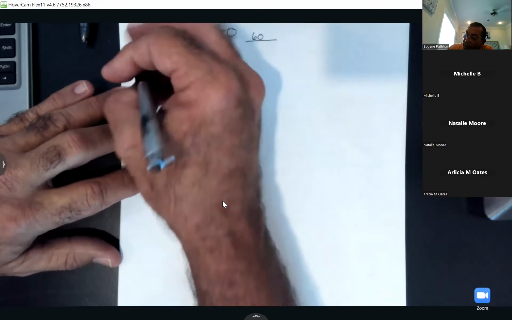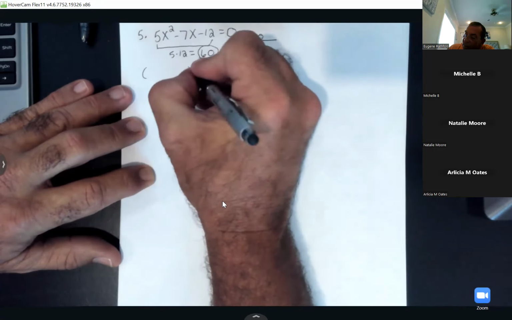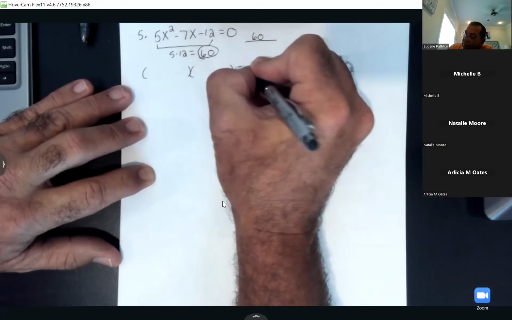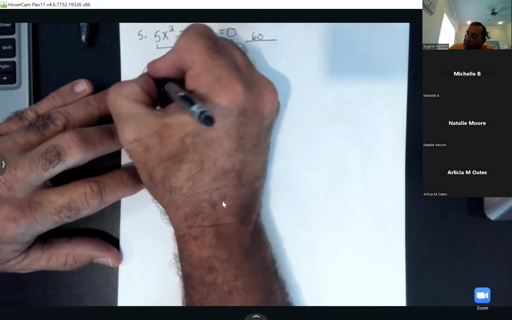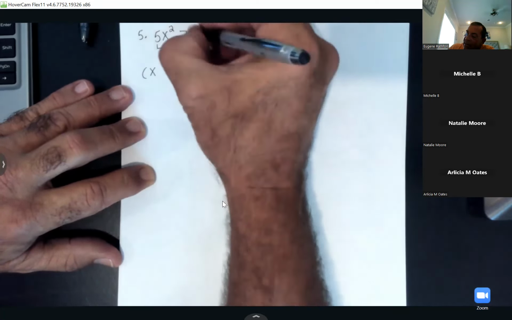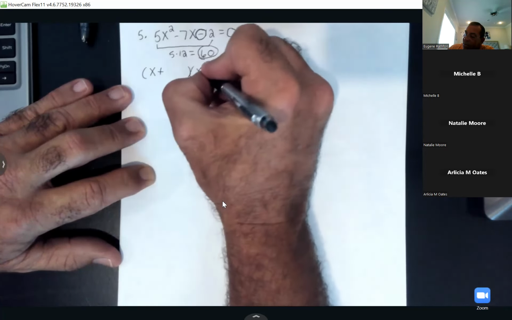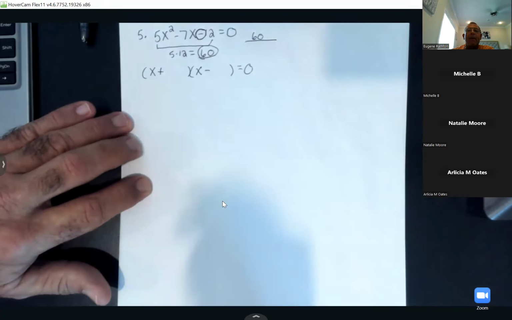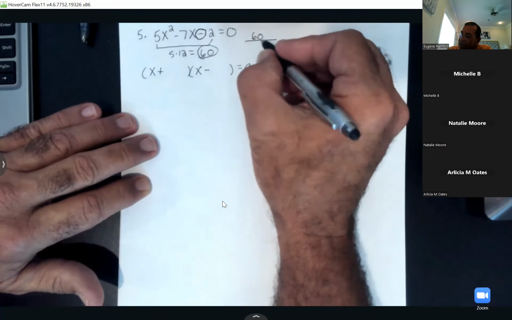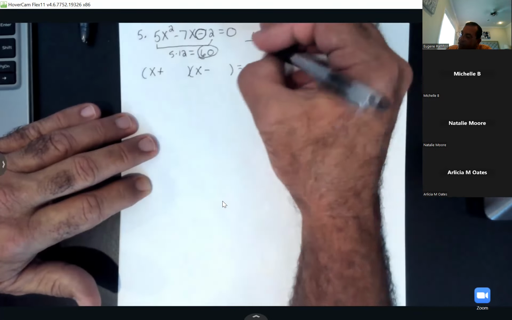So remember, at this point, I'm going to come down with my parentheses. X squared is an x and an x. The last sign's negative, so one's positive, one's negative. Factors of 60 that'll subtract and get me 7. So y'all, let's see.